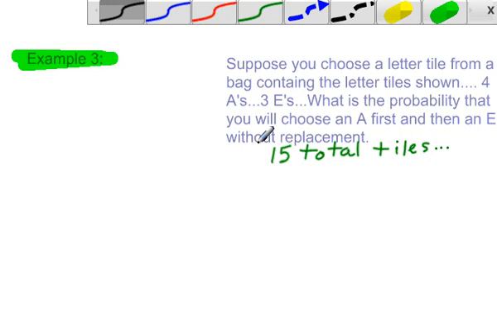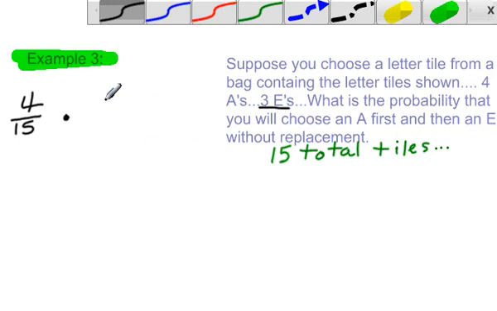All right, this is kind of cool how this works. If we're doing without replacement, the probability that we'll choose an A first is going to be simple. There's 4 A's and 15 total. Okay. The probability that we're going to select an E second, now this is where you got to pay attention to what's going on here. All right.